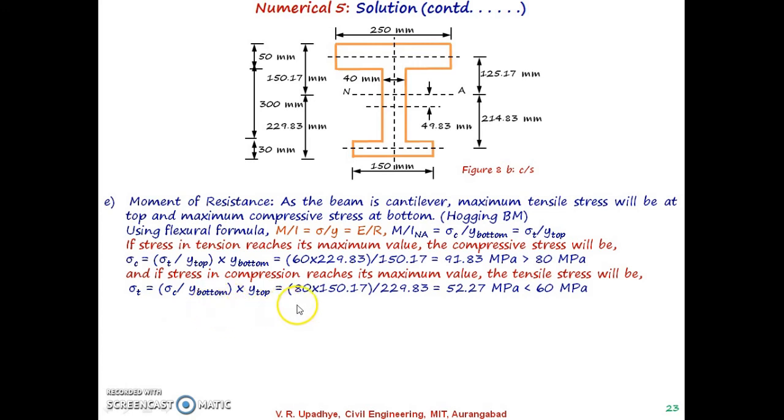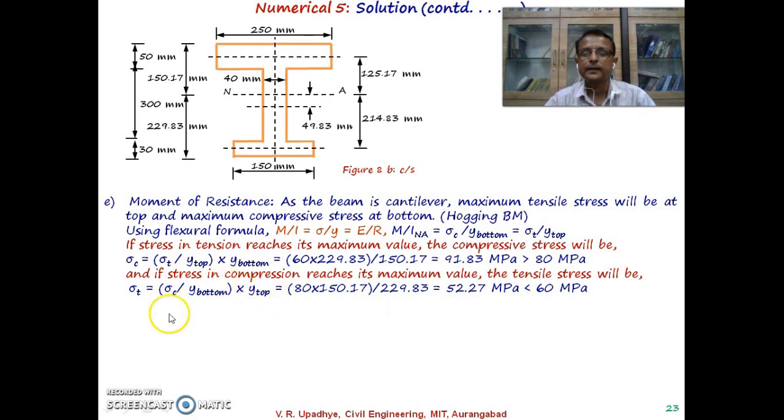So that gives us, permissible value of compressive stress is 80 into Y top, 150.17, divided by Y bottom, that is 229.83.